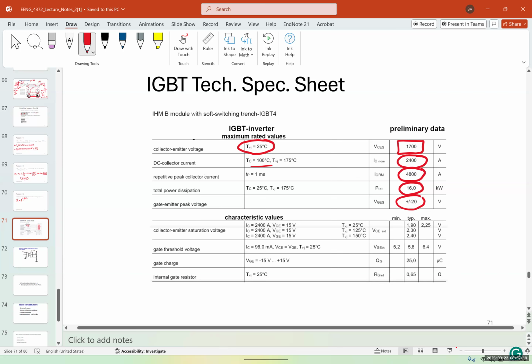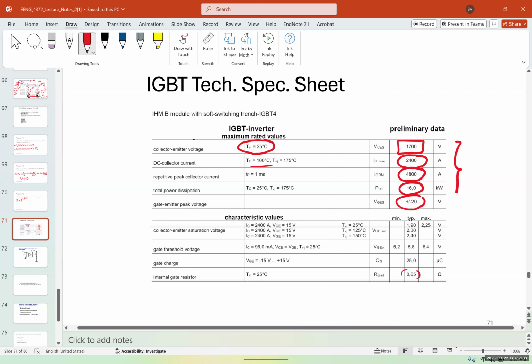The gate threshold voltage minimum is 5.2 and the maximum is 6.4. Typical is 5.8. The gate charge is 25 microcoulombs, and the internal gate resistance is 0.65 ohms, so pretty low as well. Again, these are at 25 degrees, obviously changing them.